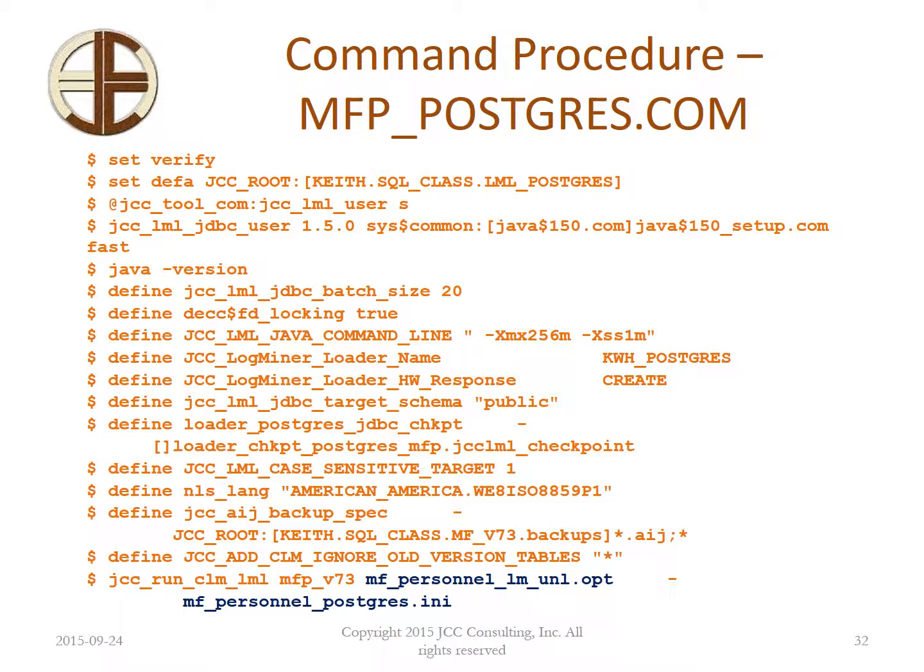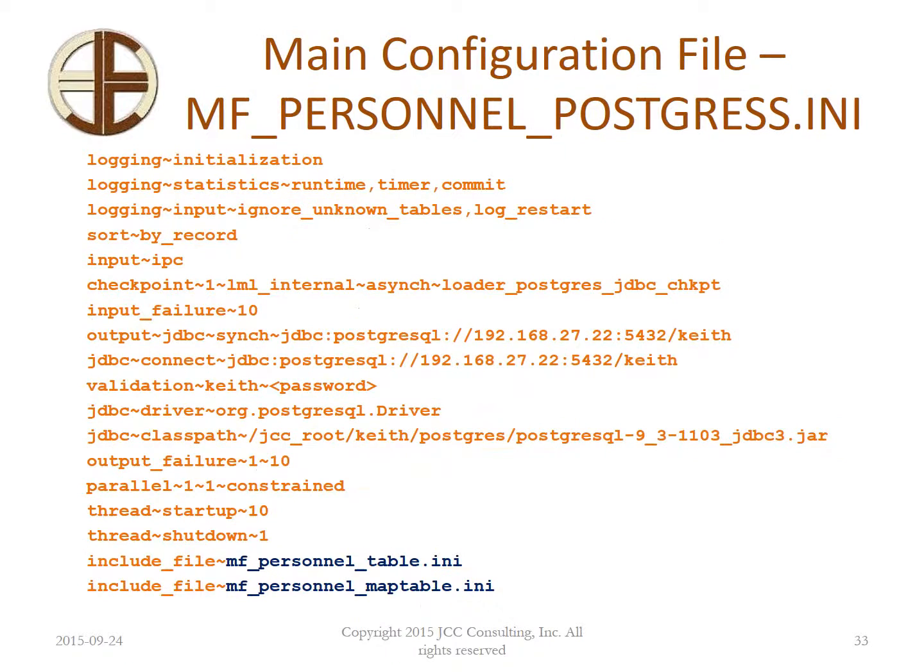We tell it where backed up AIJs are going to be, and tell it what to do when we run into old versions of tables, and then point it at the database, the options file, and the INI.